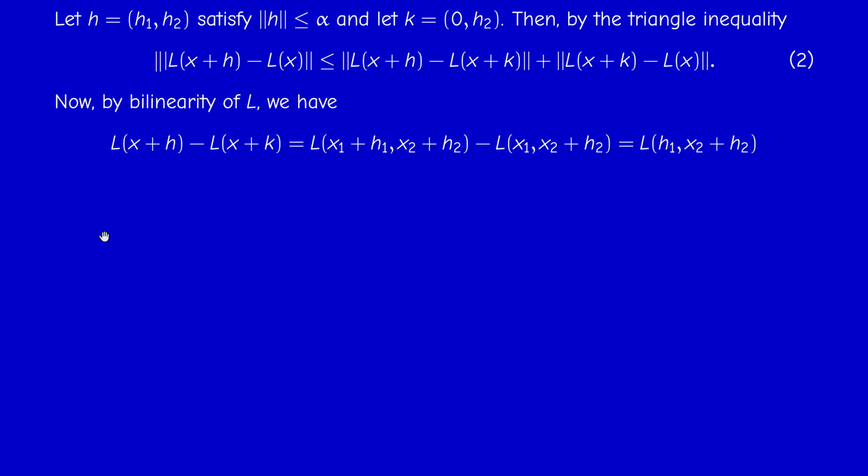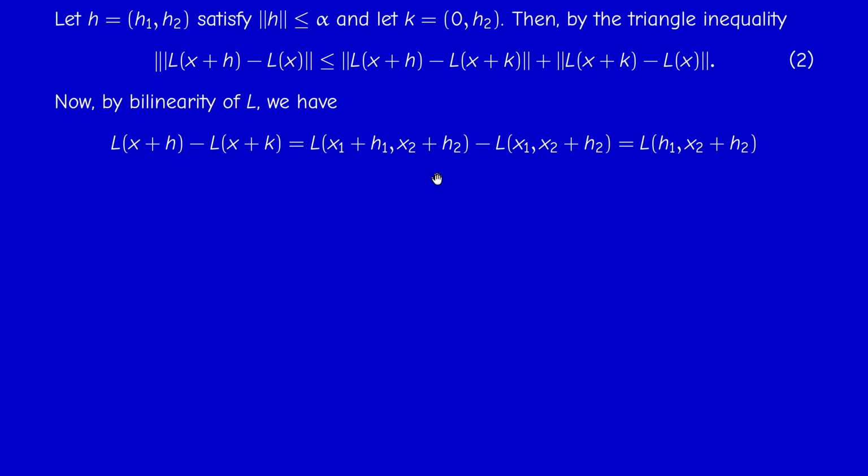Now look at the first term, L of x plus h minus L of x plus k, and just write them in components. So x1 plus h1, x2 plus h2, minus, now x plus k is just x1 plus 0, x2 plus h2, because the first component of k is 0. And now we use the linearity with respect to the first variable.